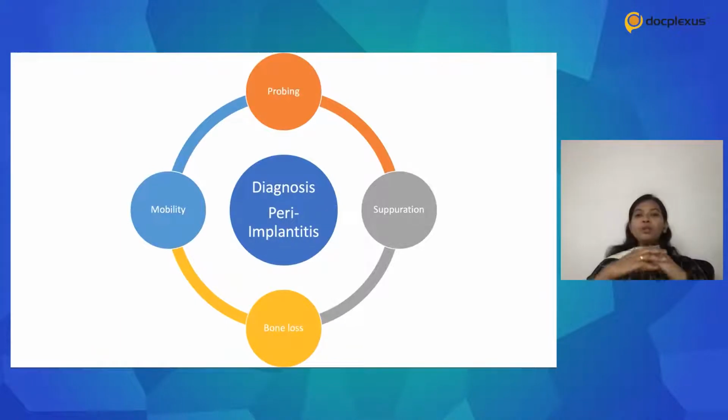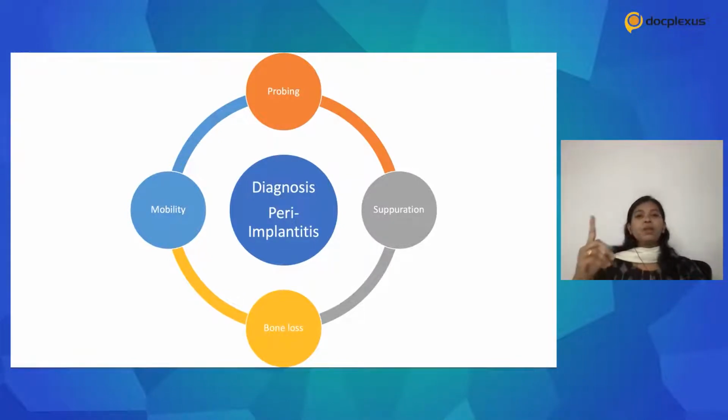Now once you know that plaque has been accumulating around the peri-implant region and peri-implant diseases have occurred, a patient comes to your clinic with, say, a failed implant. How will you diagnose it? There are certain parameters with which you have to diagnose peri-implantitis and treat accordingly.